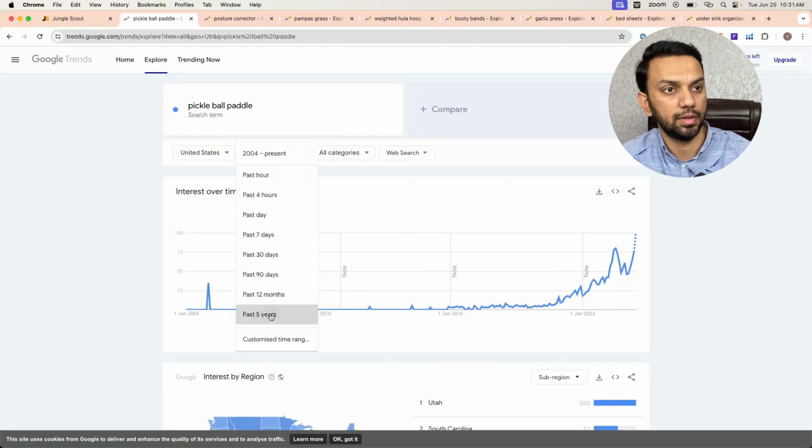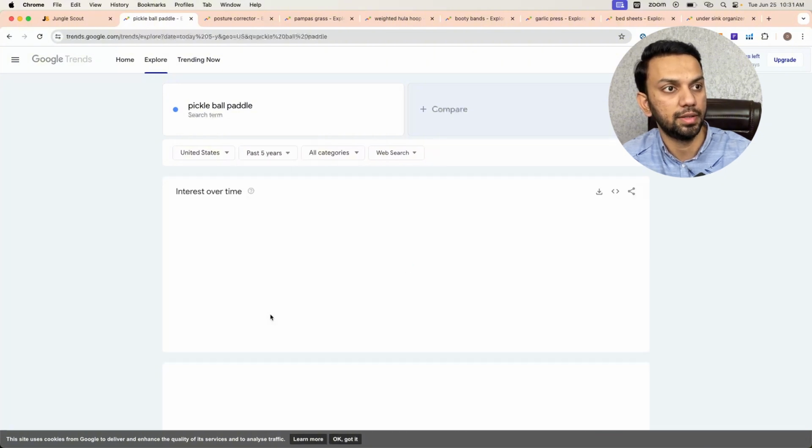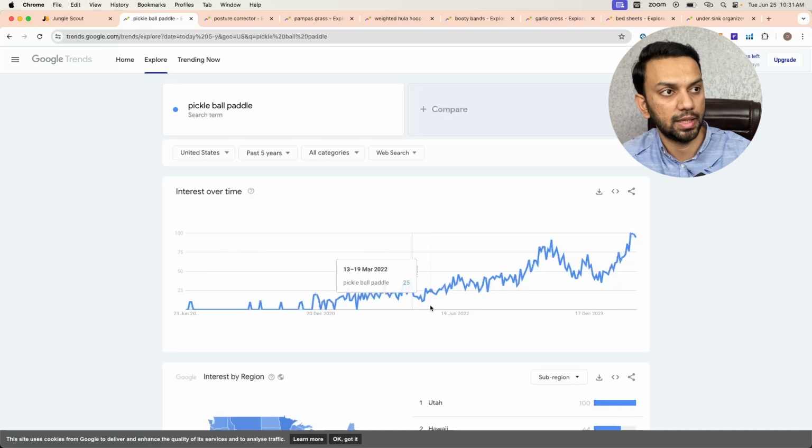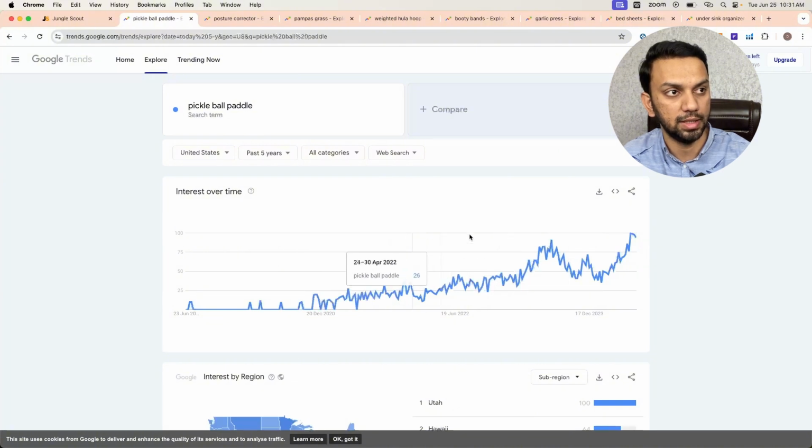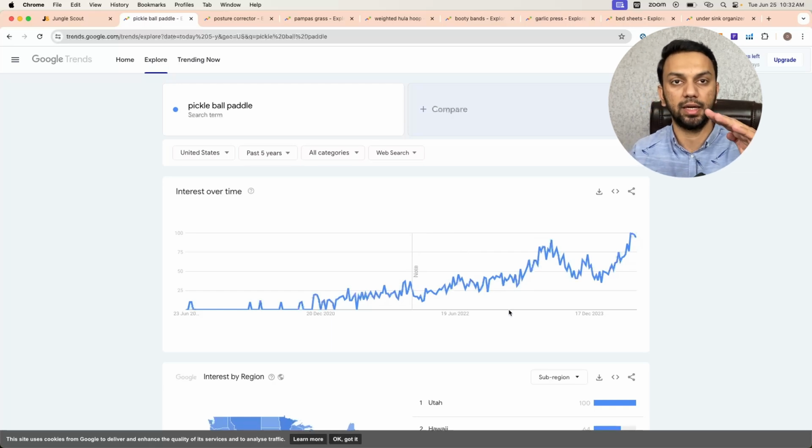If I go here and see the 5-year trend, you can see how it's picking up the hype. So this is something which is growing in the long term. You see it has started picking up the hype in the mid of 2021, 2022, 2023. So the last 3 years it's growing well. So someone who has entered in this 3 year time span must have made a fortune out of it, because the demand is consistently growing.